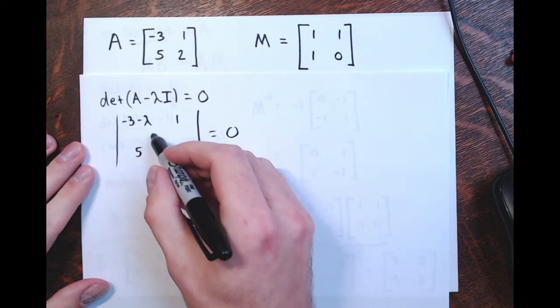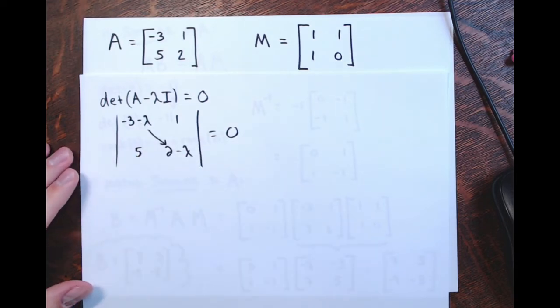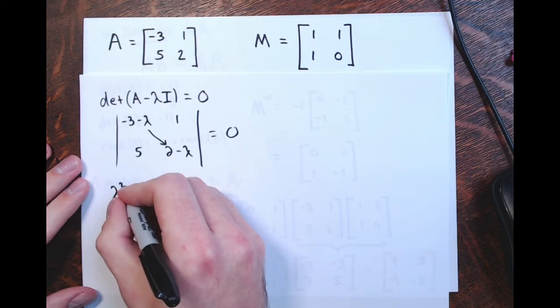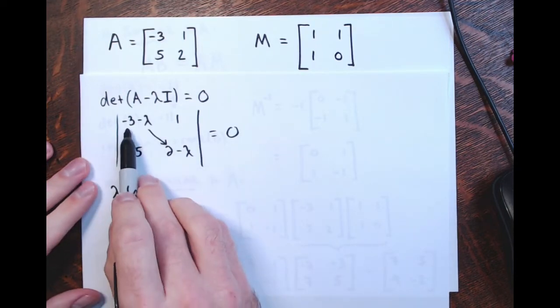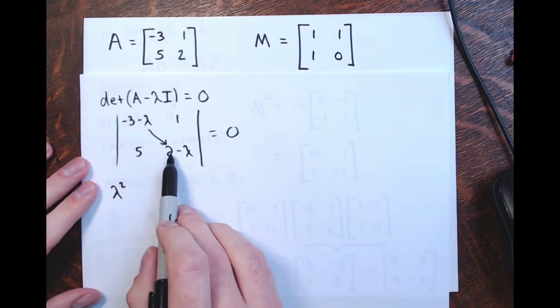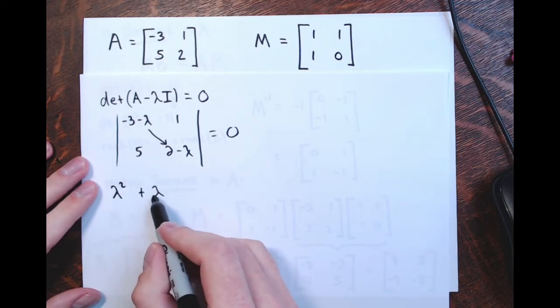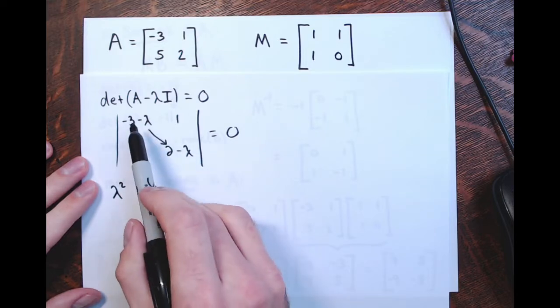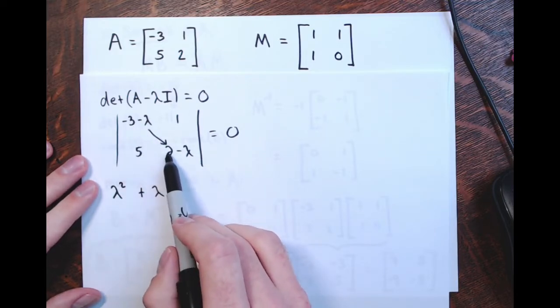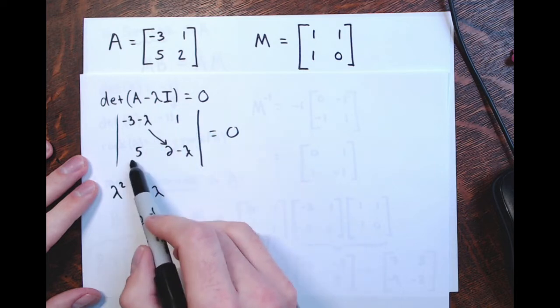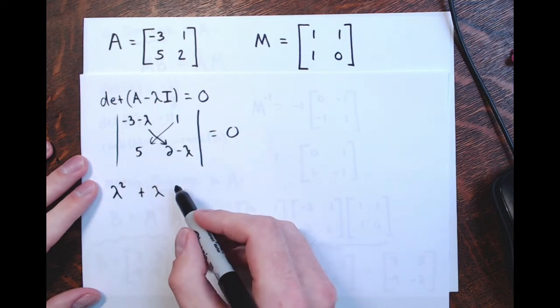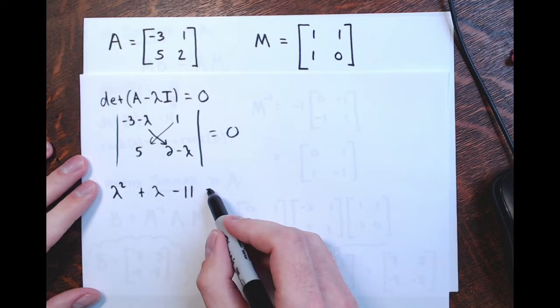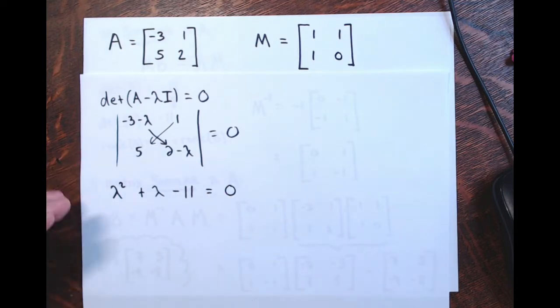And when I multiply these two, I get lambda squared, then plus 3 lambda, minus 2 lambda would be plus lambda, and then minus 6, and then we have minus 5, so it'll be minus 11. And then I solve this quadratic equation.